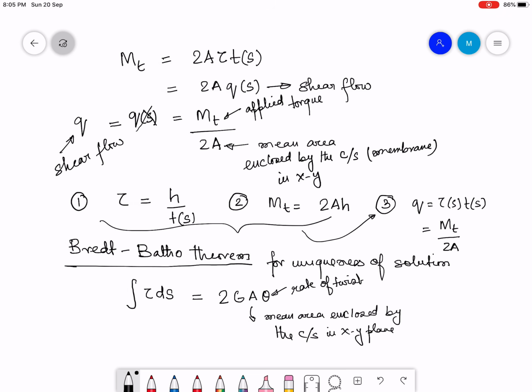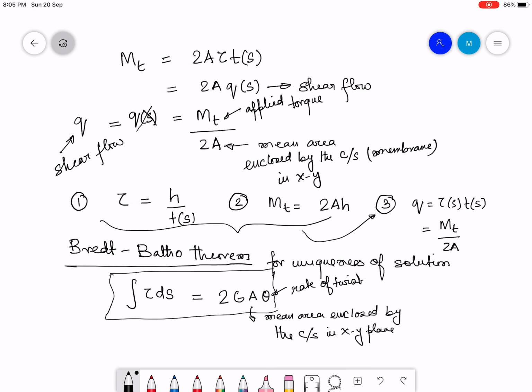The previous two equations satisfy the equilibrium condition, but to achieve uniqueness, this expression is essential. From an analysis point of view, it gives the relation between the angle of twist and the shear stress, which eventually gives the torsional rigidity expression.